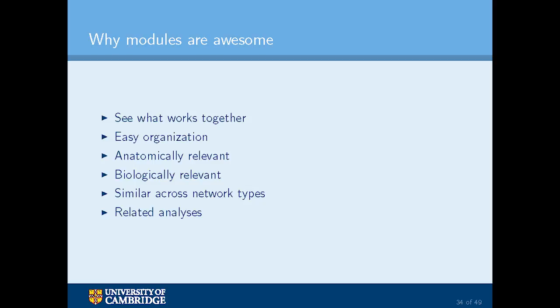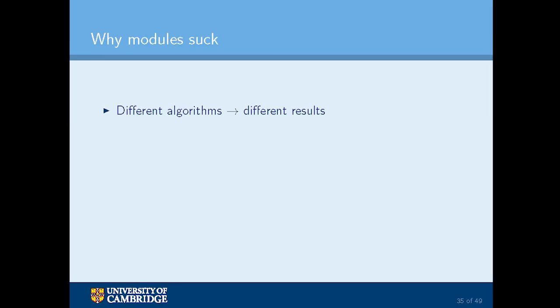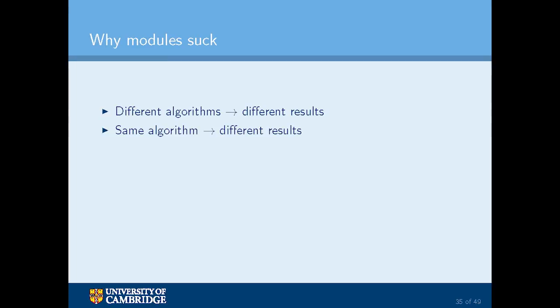But of course, modules also aren't perfect. We do have problems with them. One of the big ones is you never know what algorithm to choose, because no matter what algorithm you choose, it'll give you different modules, which is a problem. And possibly, according to some, the bigger problem is that if you use the same algorithm, it'll give you different modules because they're stochastic.